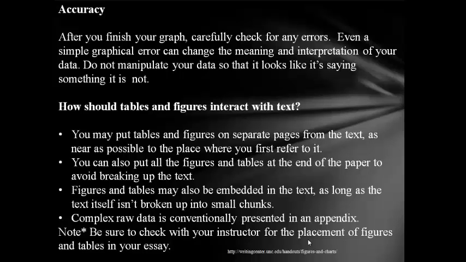Figures and tables may also be embedded in the text as long as the text itself isn't broken up into small chunks. Complex raw data is conventionally presented in an appendix. Please note to check with your instructor for the placement of figures and tables in your essay.